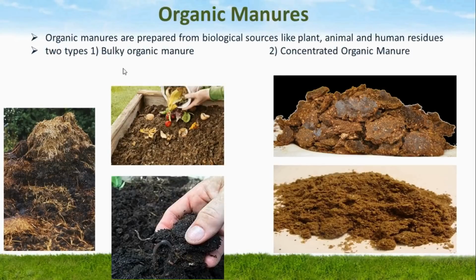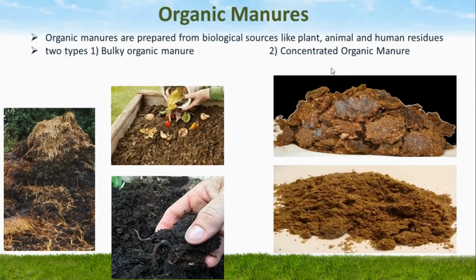First, it is bulky organic manures. It generally contains fewer amounts of plant nutrients as compared to the concentrated organic manures. Examples are farmyard manure as well as compost, vermicompost as well as green manure. Next, it is concentrated organic manure.